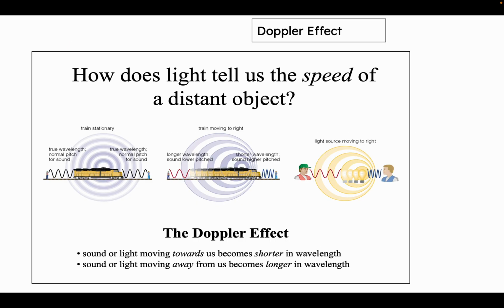Now there is the idea of the Doppler effect. We all studied the Doppler effect in class 11 and 12. Suppose there is a train coming towards us, blowing its horn.